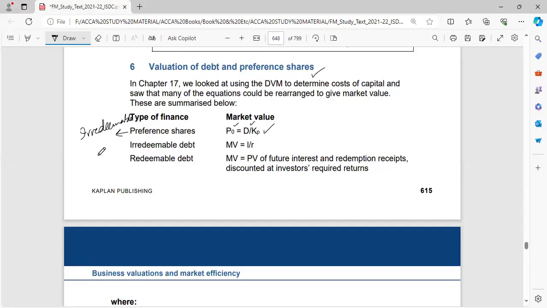If it is loan notes, irredeemable loan notes, market value is equal to interest divided by cost of debt.